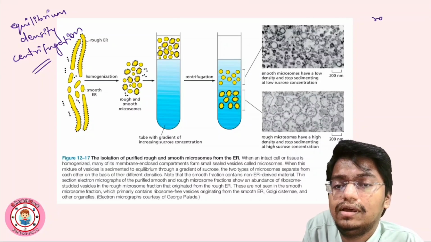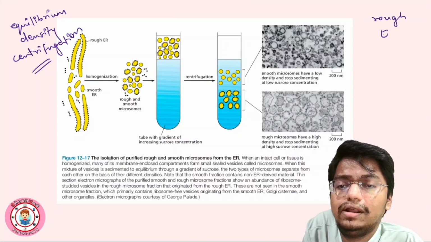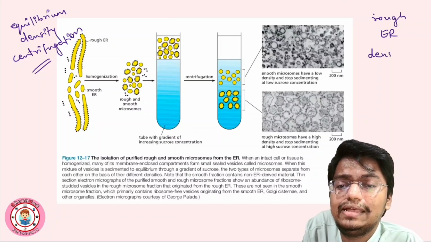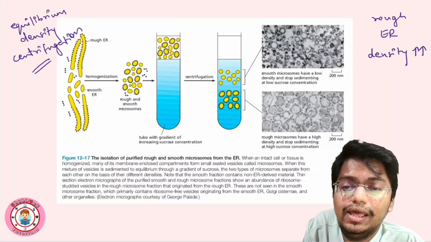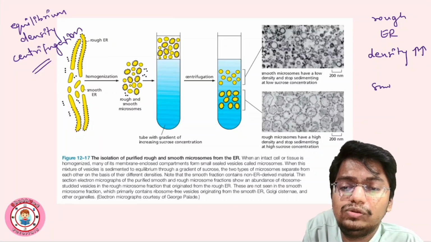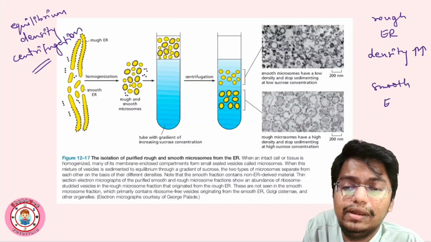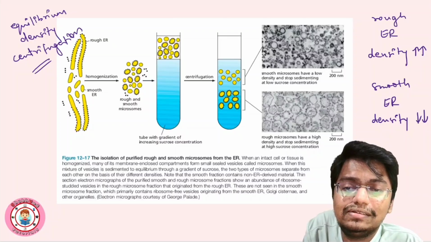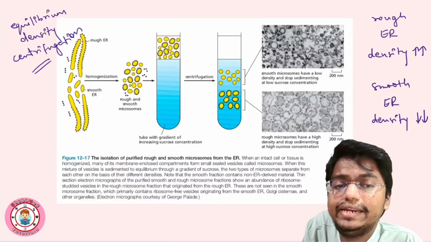Because we know that rough ER, which has ribosomes present, will have more density compared to smooth ER. Smooth ER will have lower density. On the basis of this difference, density is basically weight, right?